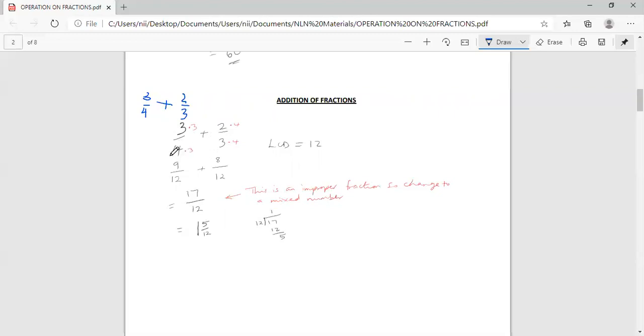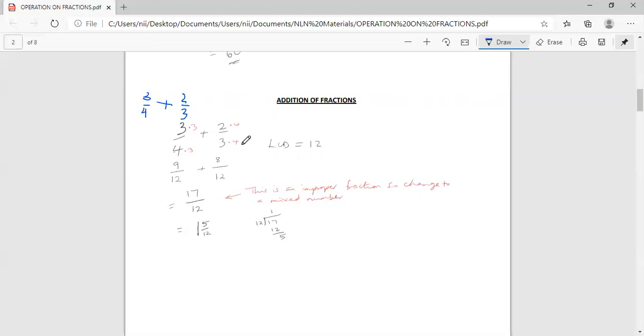To get 12 here, I have to multiply by 3. So if I multiply the denominator by 3, I have to multiply the numerator also by the same number, 3. So 3 times 3 gives me 9.